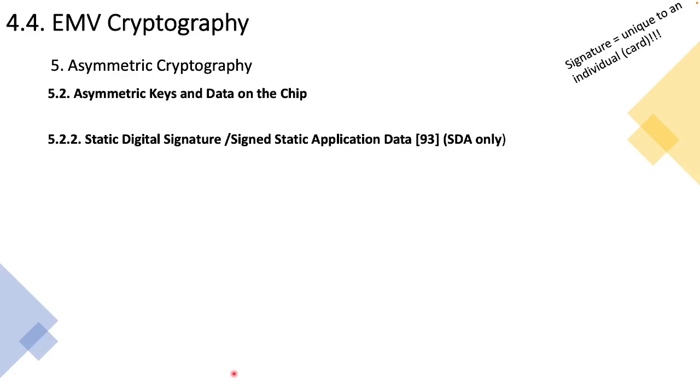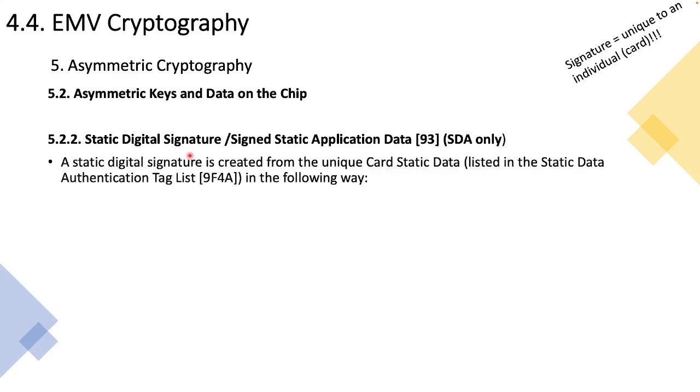Next, we have the static digital signature or signed static application data, tag 93. Remember, once again, SDA only. We're talking of a signature. So what you're talking of here is a piece of data that's been encrypted using an RSA key that's unique to a card, which means every card will have a unique signature.